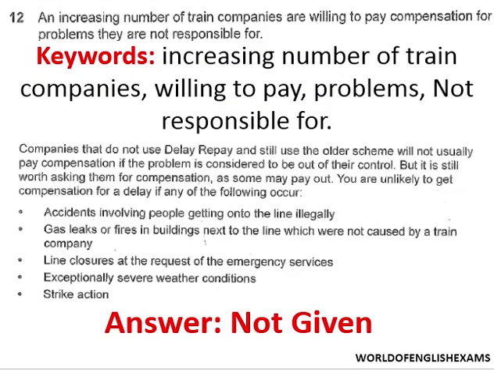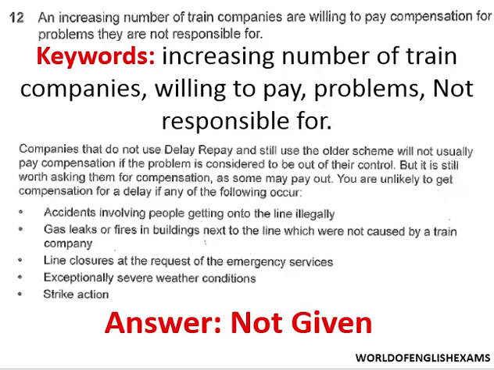Okay, so let's see. An increasing number of train companies. Increasing number of train companies is nothing but a larger proportion of those companies which are willing to pay the compensation for problems that they are not responsible for. So they are telling that even though the companies are not responsible for causing the issue, they are willing to pay the compensation.